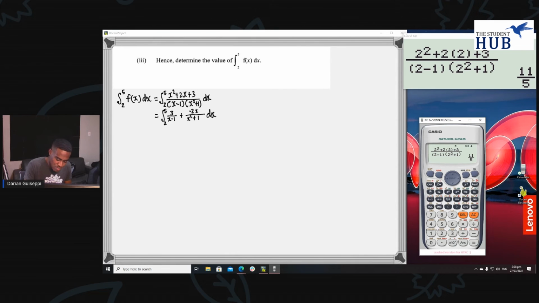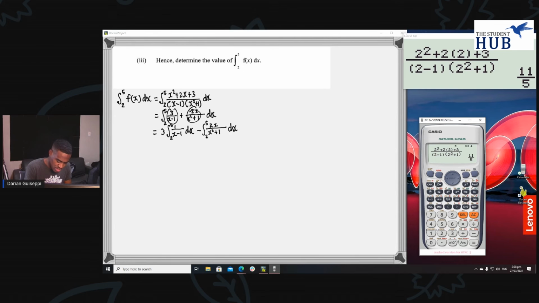Because I have two fractions here, I would use this rule for integration and take each one separately. This is a big rule. You always use that: integrate separately.